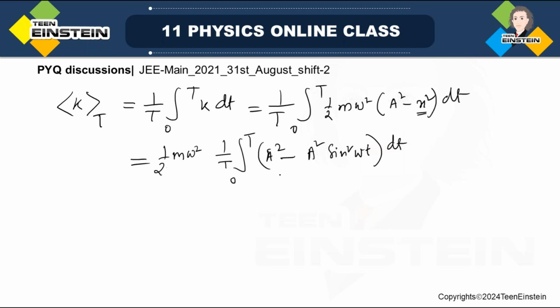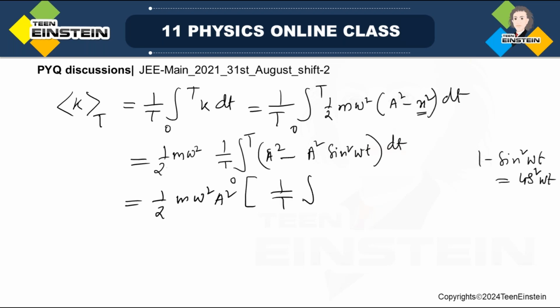Let us take half m omega square a square common, so 1 minus sine square gives cos square omega t. So the integration is now 1 over T, 0 to T, cos square omega t dt.